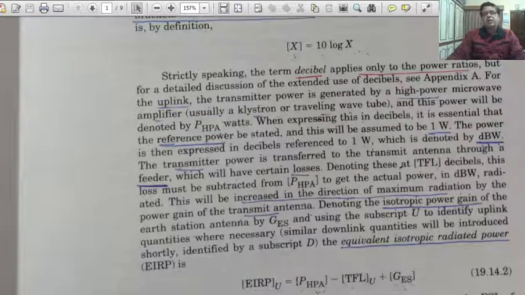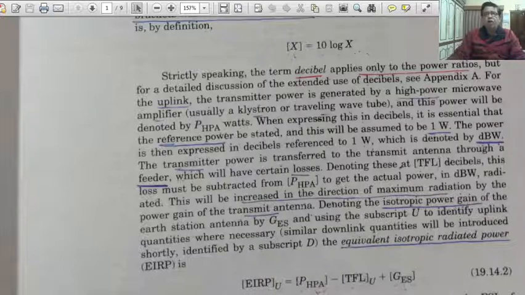When expressing this in decibels, it is essential that the reference power be stated, and this will be assumed to be 1 watt. The power is then expressed in decibels referenced to 1 watt, which is denoted dBW.